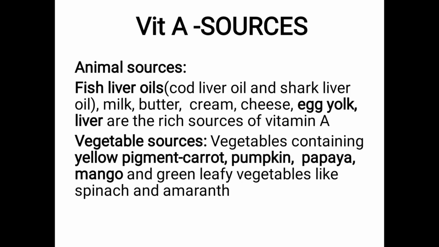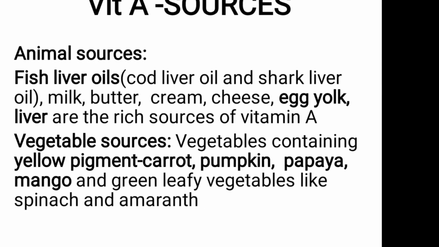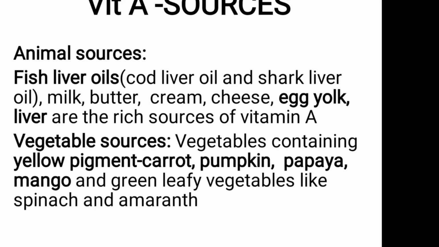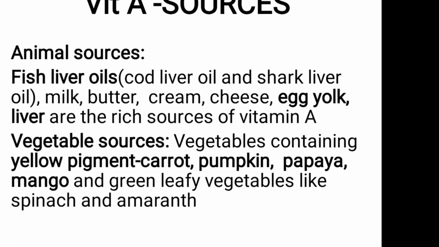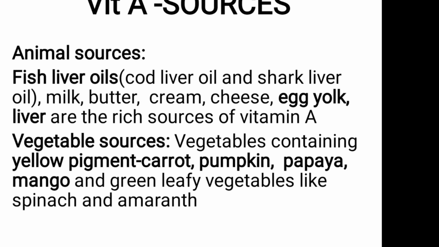So what are the sources of vitamin A? Animal sources: fish liver oil. The main thing you have to remember is that fish liver oil is a rich source, egg yolk is also a rich source, shark liver oil and all.